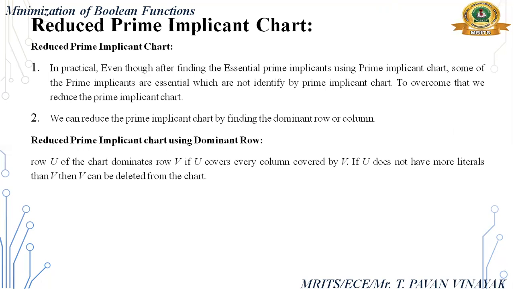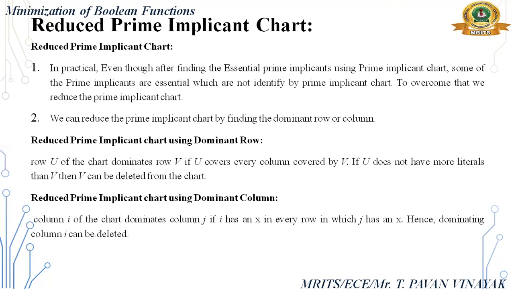Similarly, column wise. Mostly we use the dominant row method only, we don't use the dominant column method. Let us see a practical problem now. We do a practical problem.